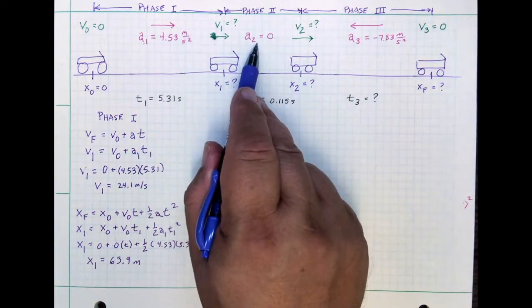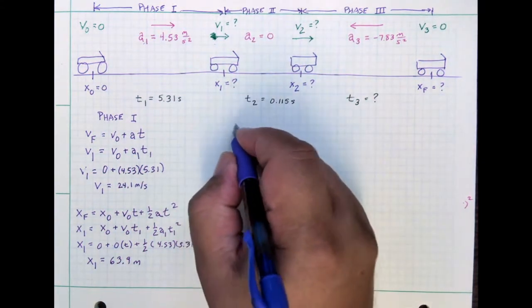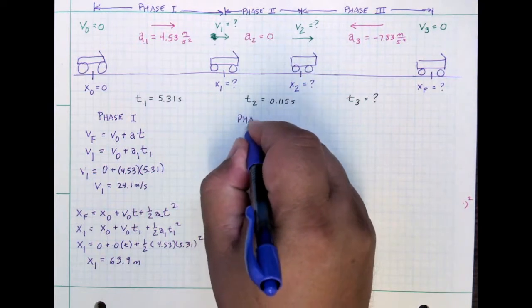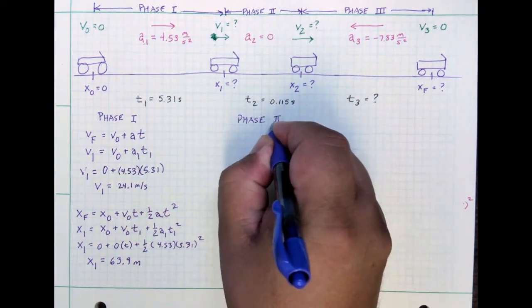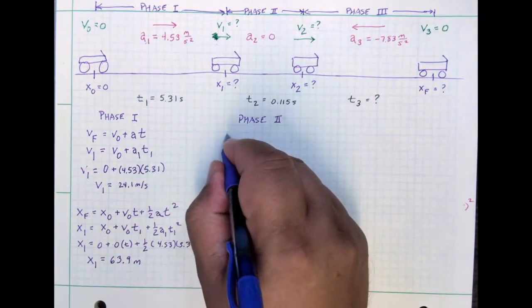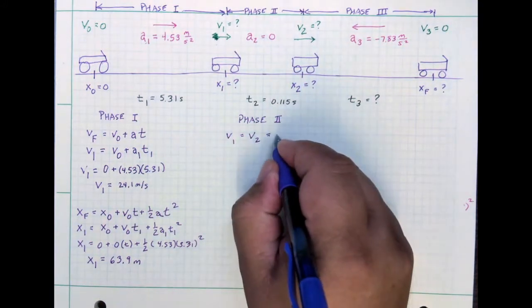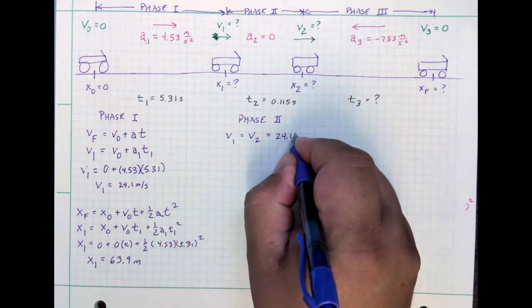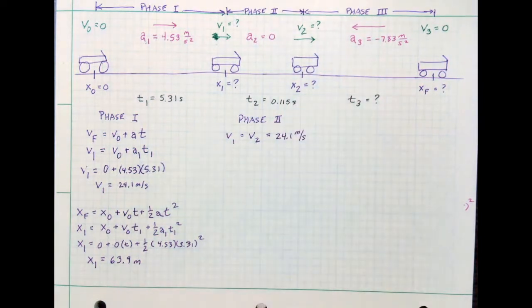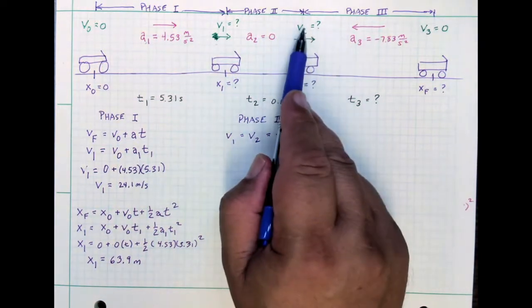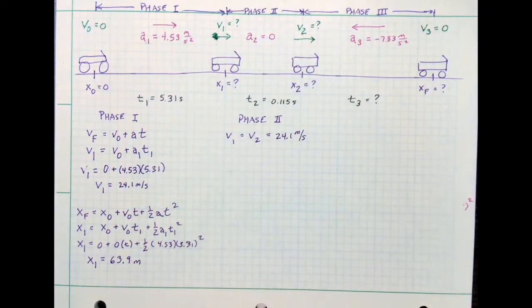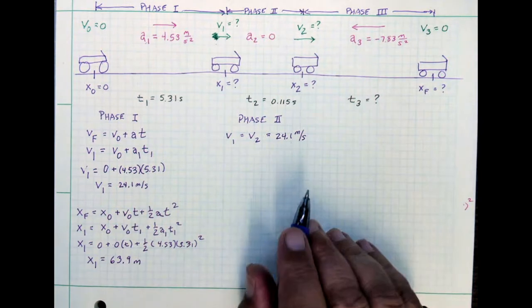Since there is no acceleration, we know that during phase 2, the velocity is constant. So v1 equals v2, which, as we previously determined, is 24.1 meters per second. So we know what this velocity here is at the end of phase 2.